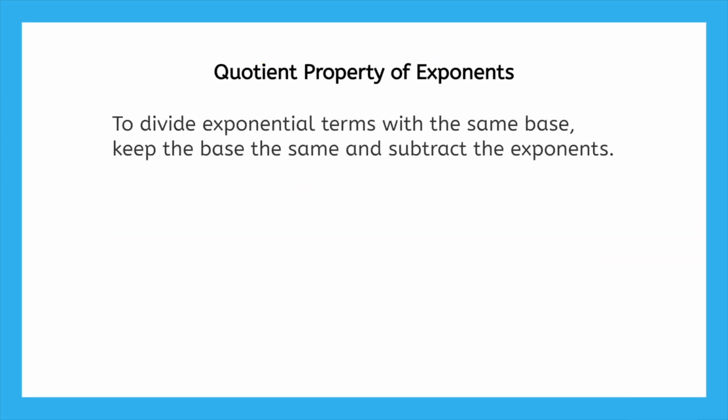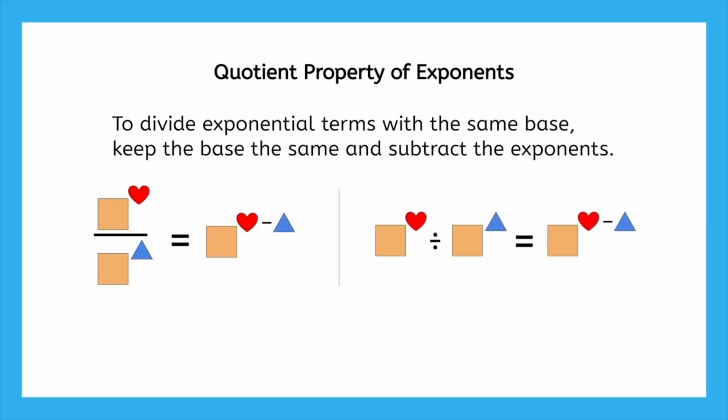To divide exponential terms with the same base, keep the base the same, and subtract the exponents. This works whether the division is written as a fraction or with a division sign. Just make sure to subtract in the correct order.